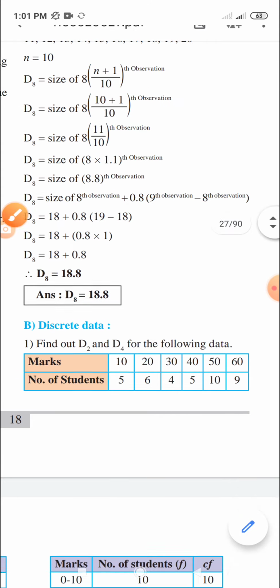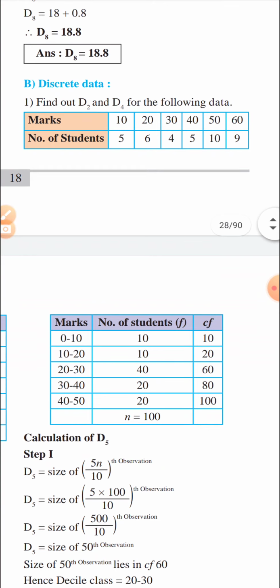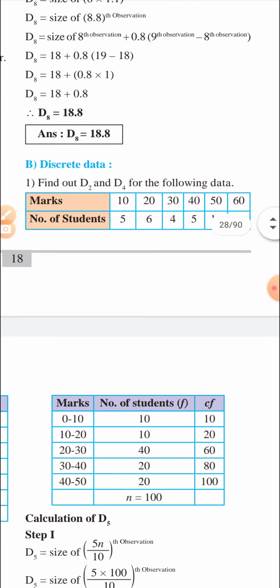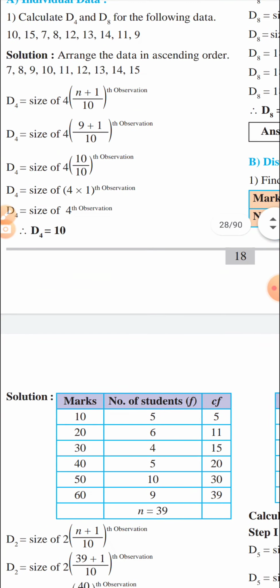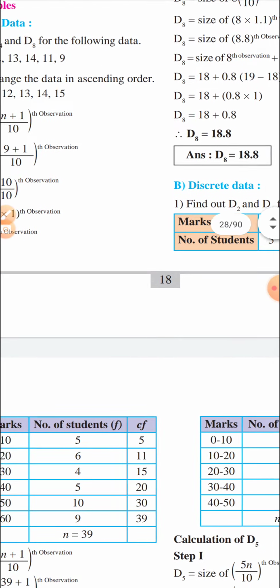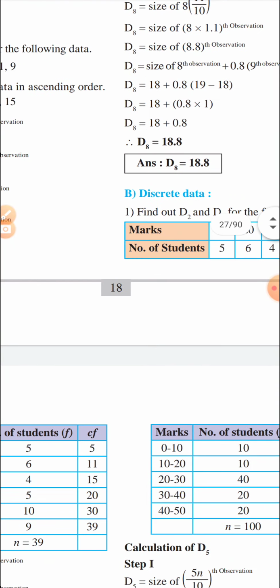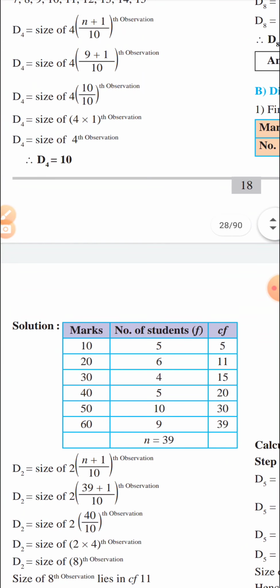So the first step for calculation of D2 and D4 is to arrange the data in ascending order only.